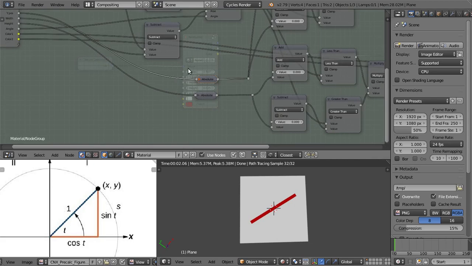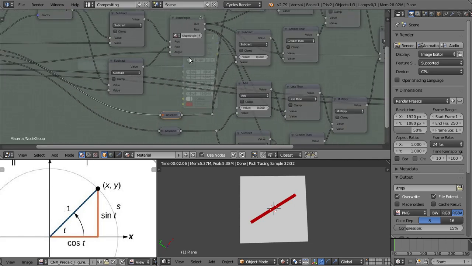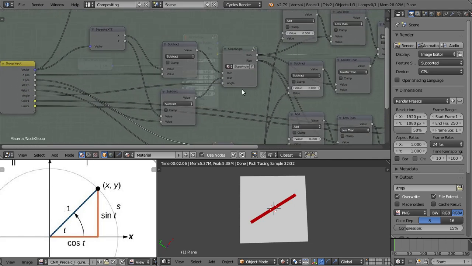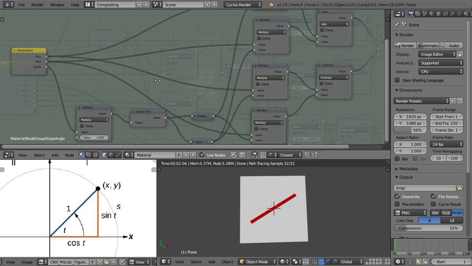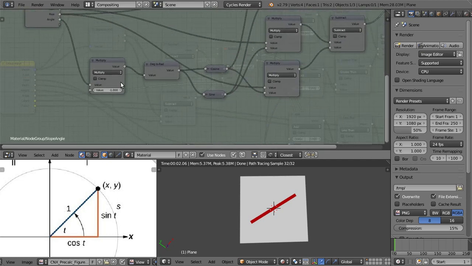No. Do I need the... Maybe I didn't need the inversion here. Where is it?